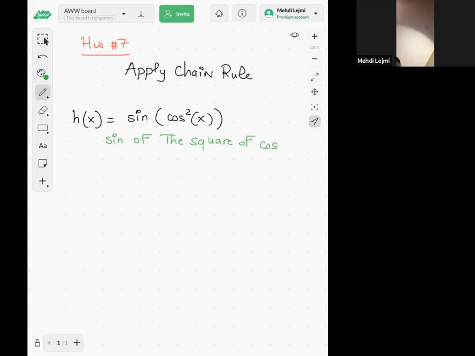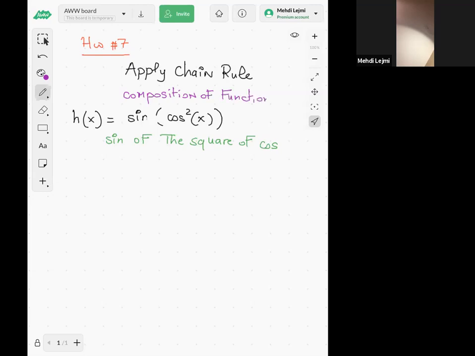It's not a multiplication. This is not sine times cosine squared. Here it's a composition of functions, not a product.